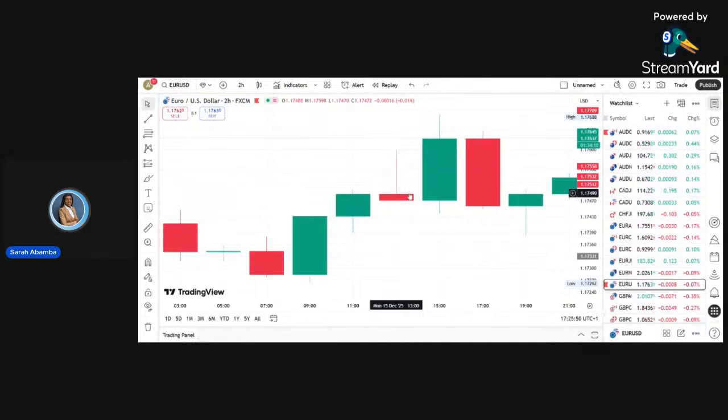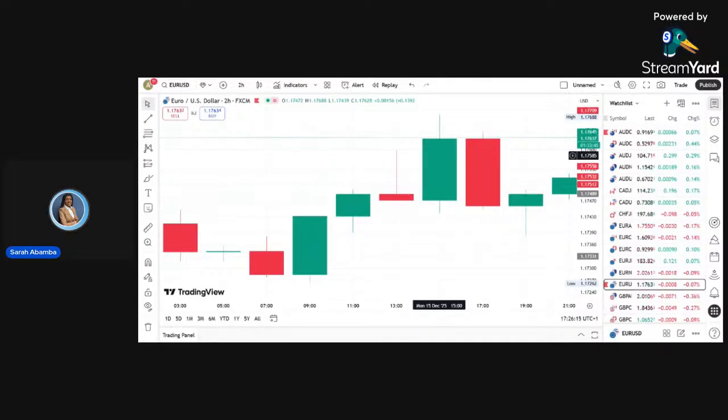The body is small, flat, but the wick is long. Since the wick is facing up, it qualifies as a bearish pin bar. And a bearish pin bar is an indication that the market is going to start selling.